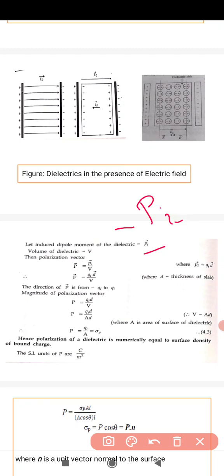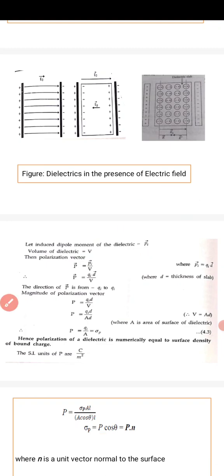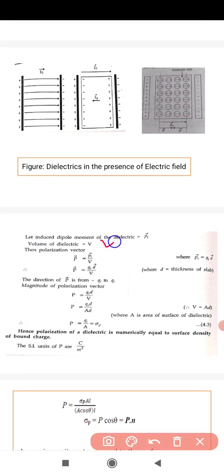Induced means that after the application of the electric field, the dipole moment is formed. Now the volume of the dielectric material is capital V. In certain textbooks, the induced dipole moment is represented by mu.